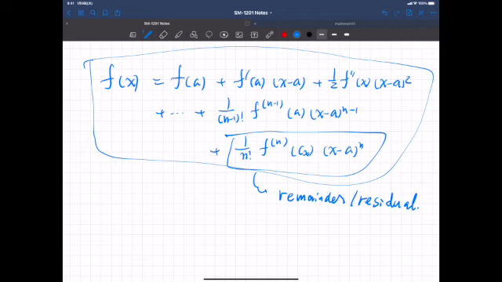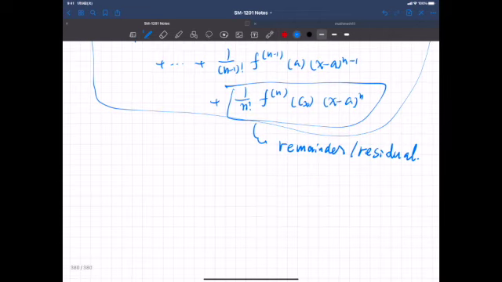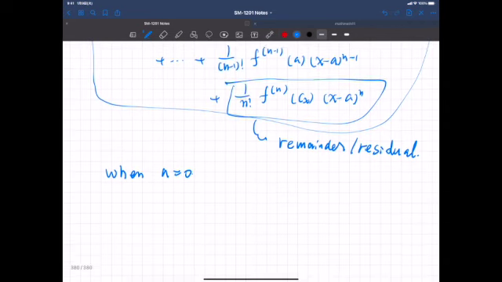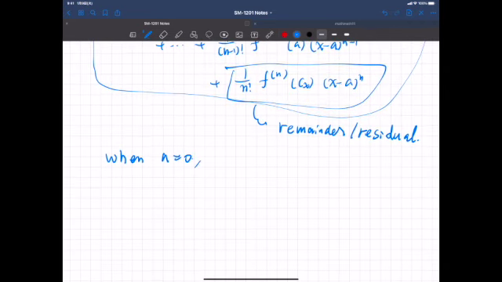Also, in particular, when a is equal to 0 in this expansion, instead of Taylor expansion, some people call it finite Maclaurin expansion. It's just a special case of Taylor expansion.